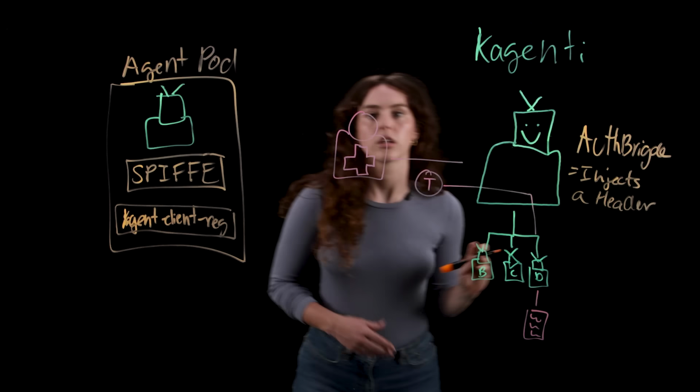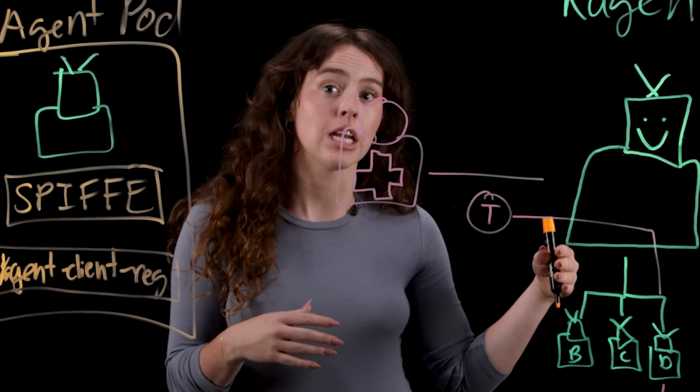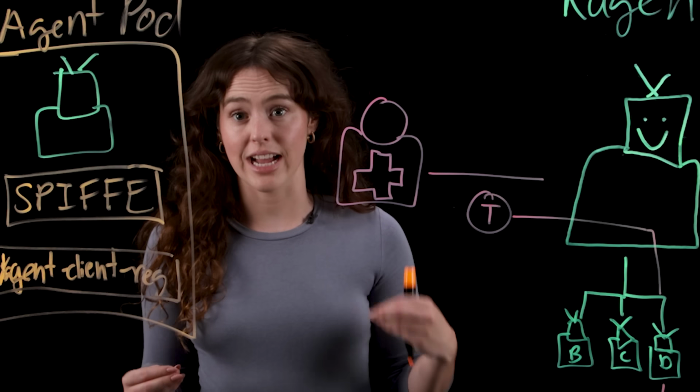And this header doesn't just say, this is agent D. It says, this is agent D called by agent A on behalf of this specific user, and it has the full chain in order cryptographically signed.